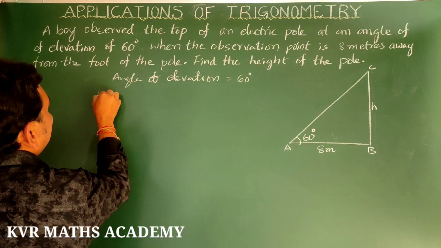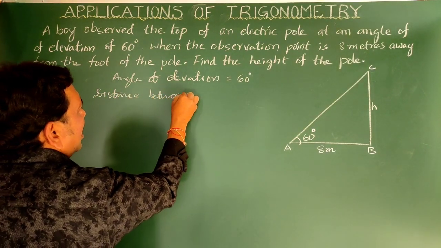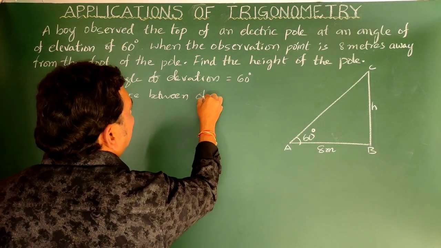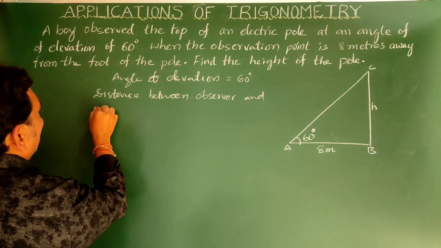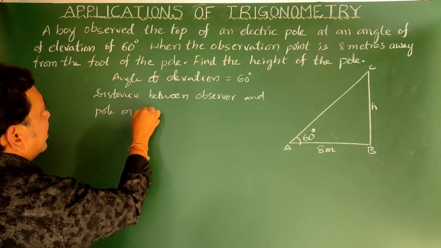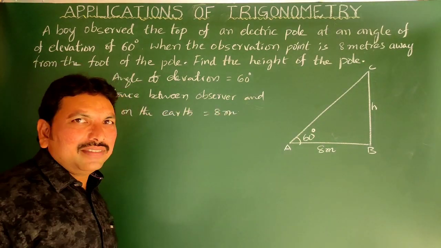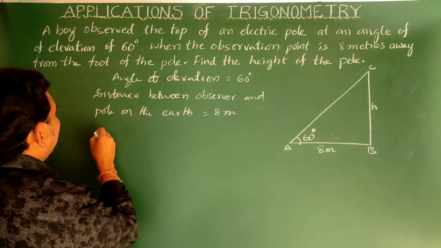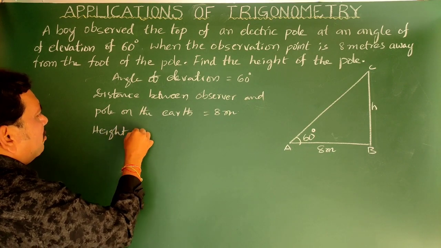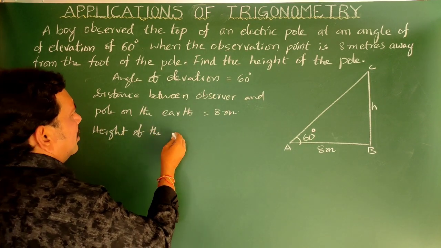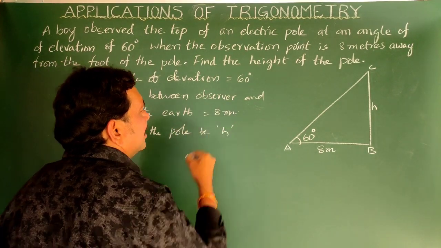Next, distance between observer and pole on the earth is equal to 8 meters. Next, height of the pole BC is H.